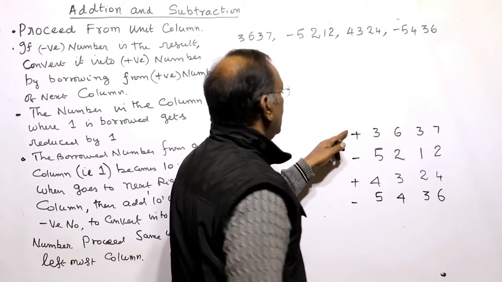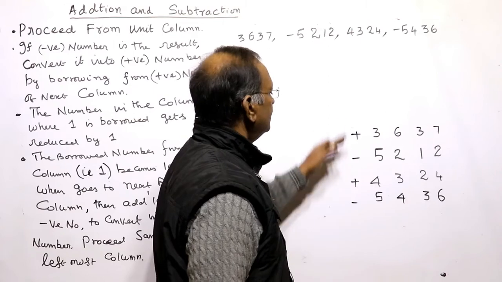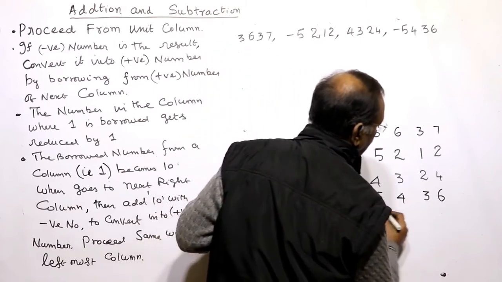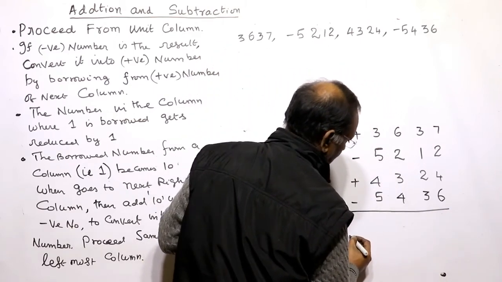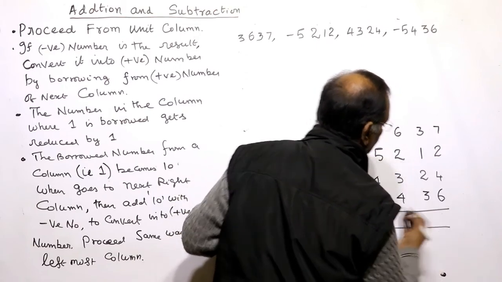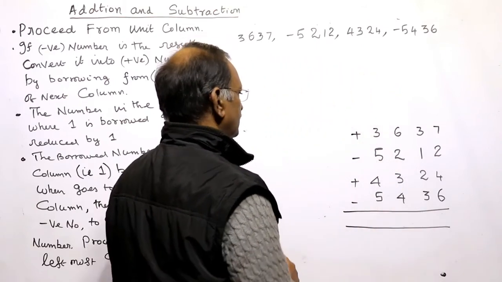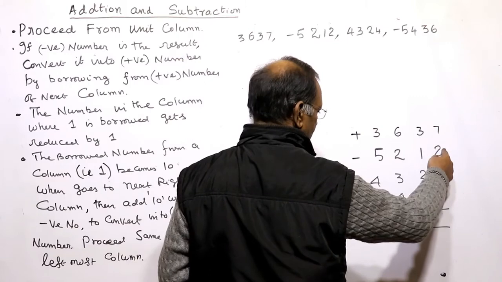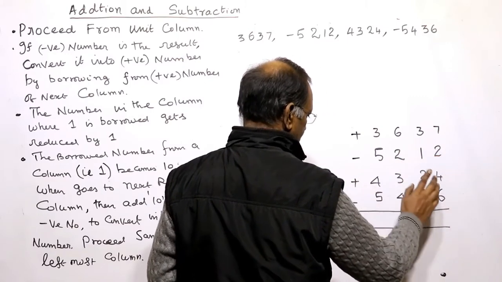It means plus, minus, plus, minus. We have to do the operation accordingly: plus, minus and plus. In this case, we'll start with this, subtract this one, add this one, subtract this one.